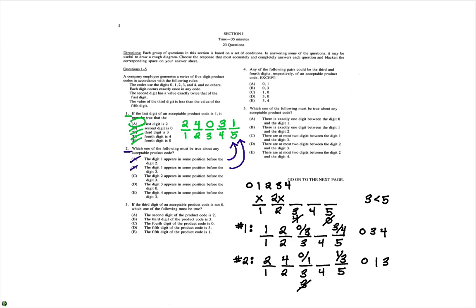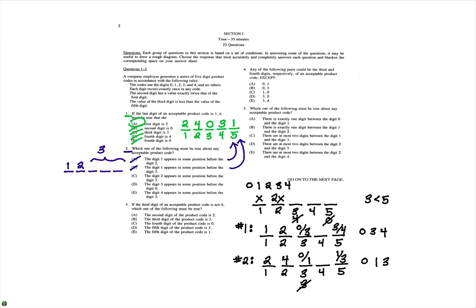C, the digit 2 appears in some position before the digit 3. Well, that is the case in our hypothetical from question 1. 2 comes before 3, but that does not mean it must be true. Let's double check here, and you notice that there are 2 scenarios. Either 1 comes first, 2 comes second, and obviously 3 would be after 2.